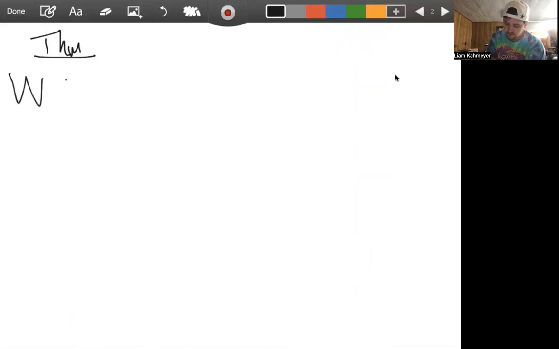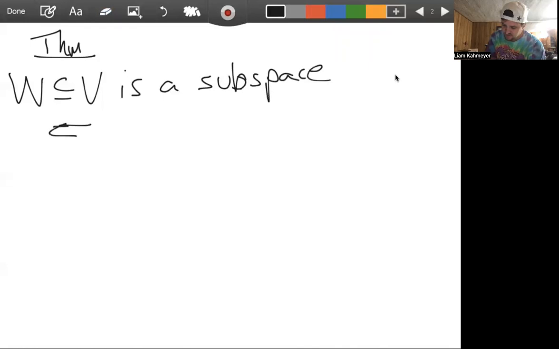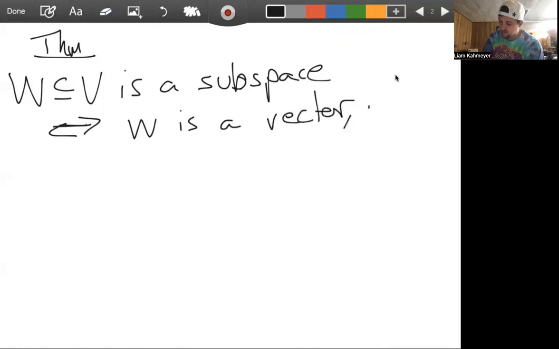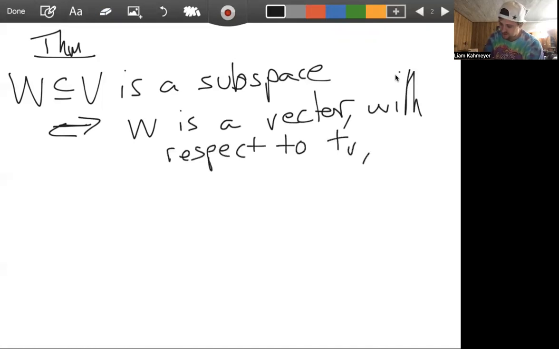We have that W contained in V is a subspace if and only if W is a vector space, with respect to plus sub V and product sub V. Here, when I write plus sub V and product sub V, this means with respect to the addition and scalar multiplication operations that have been defined on the larger vector space V. And so here's the claim: W is a subspace if and only if it itself is a vector space. So let's prove this.